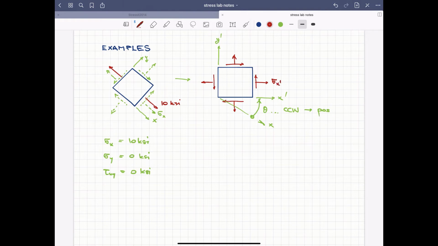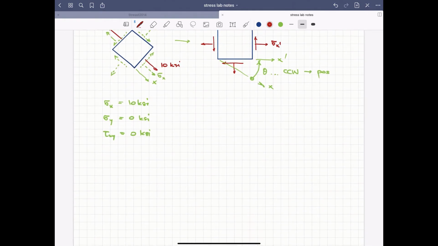What I'm really interested in are the components of stress in the rotated system. That's my x prime and y prime. So I mark them here in red as sigma x prime, sigma y prime, and tau xy prime.